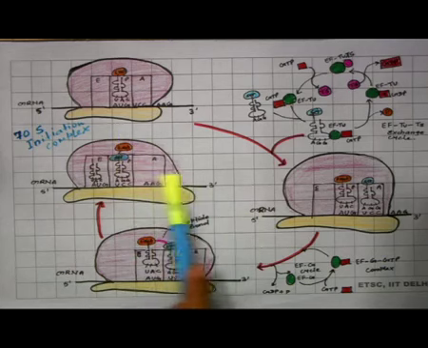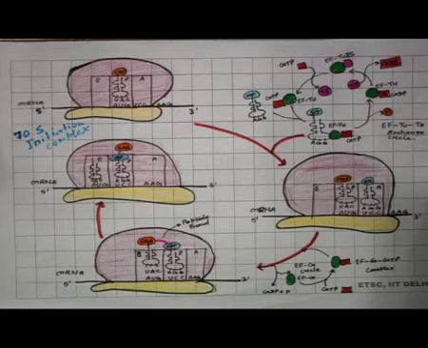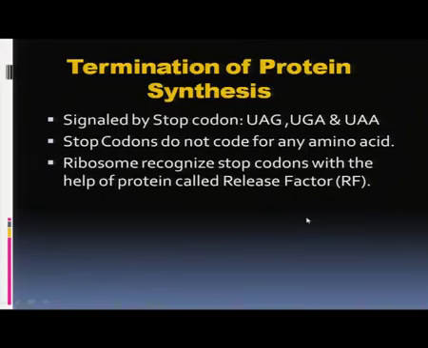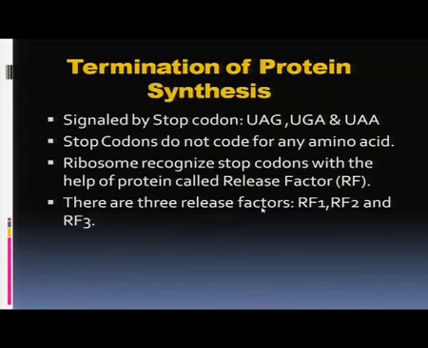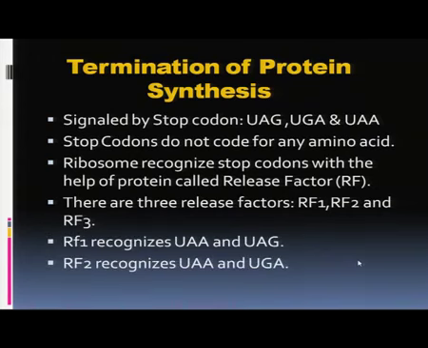When the ribosome reaches any of these stop codons, the stop codon helps in the binding of release factor to the A site. There are 3 release factors in prokaryotes: release factor 1, release factor 2 and release factor 3. These 3 release factors help in the termination of protein synthesis in prokaryotes.